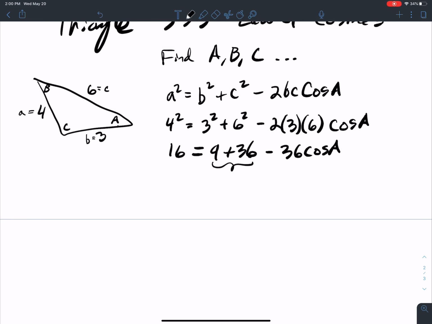That makes 45. Okay, so 16 equals 45 minus 36 cosine A.